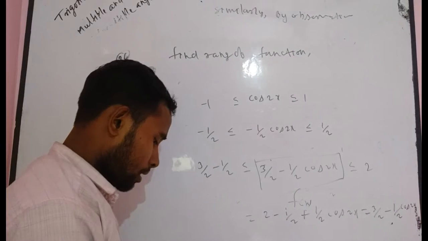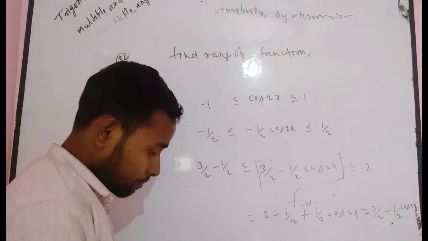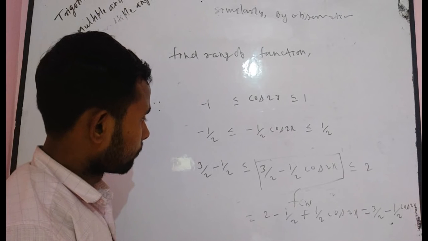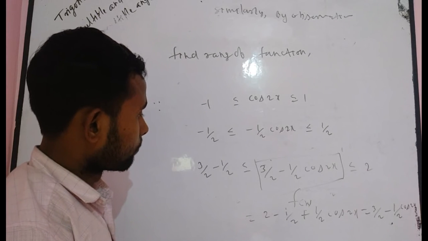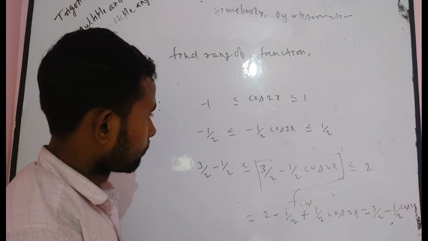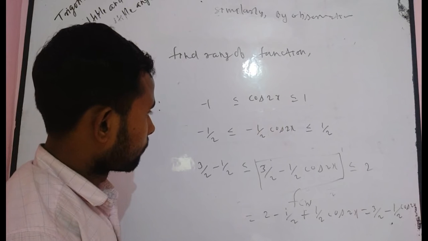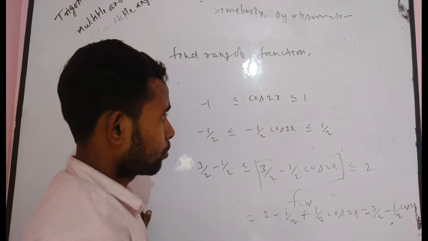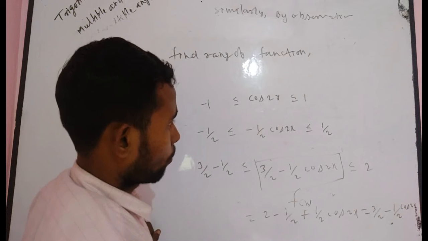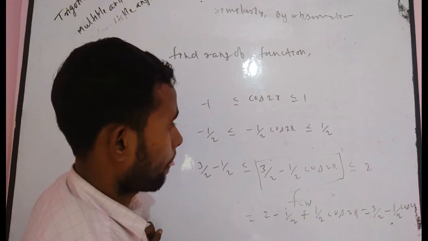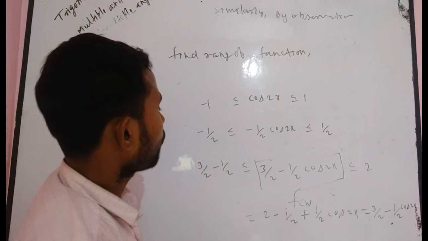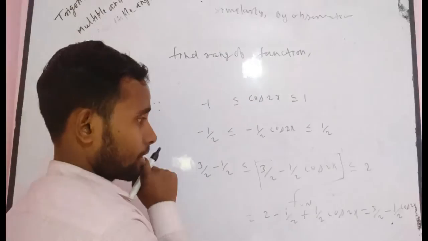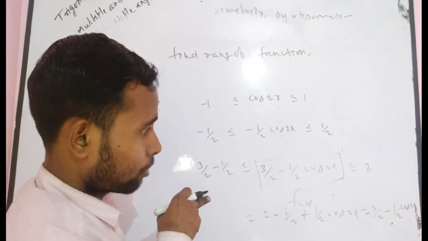Then you get what? So 1, wait, 3 by 2 and 2. Sorry, minus minus plus, but in that direction minus half, that will be correct. And if you add 3 by 2, what do you get?